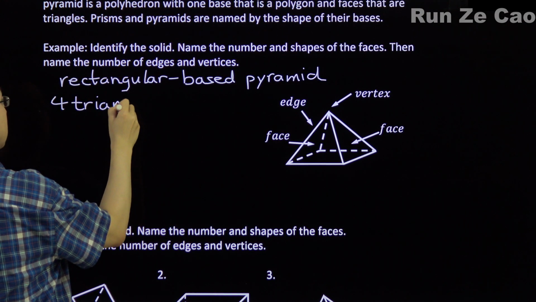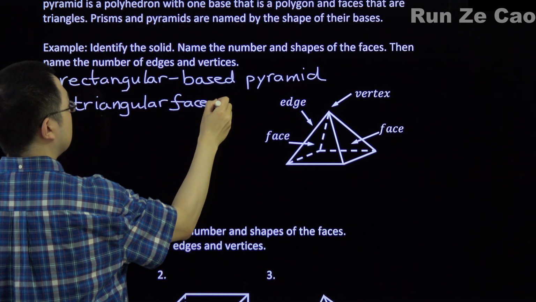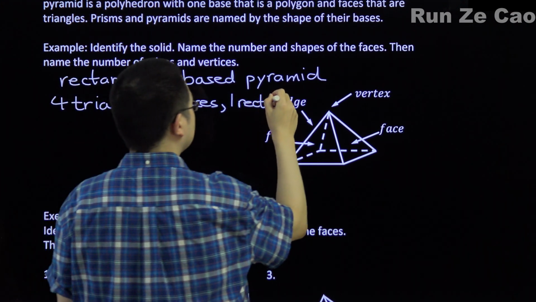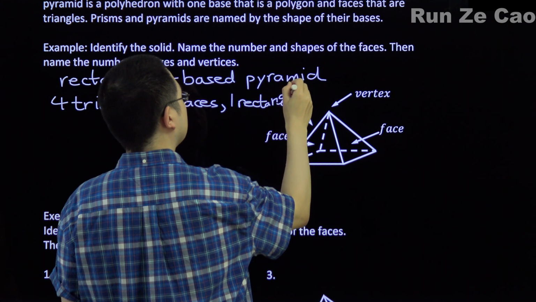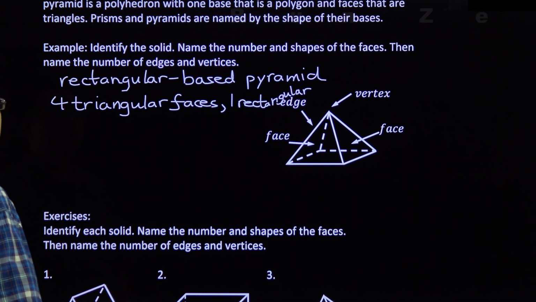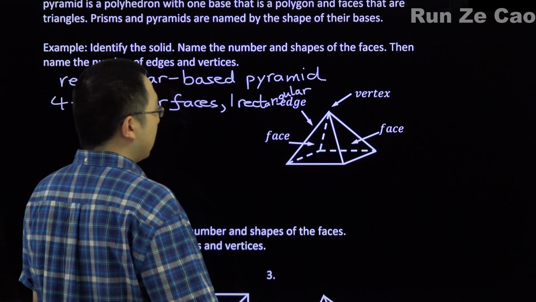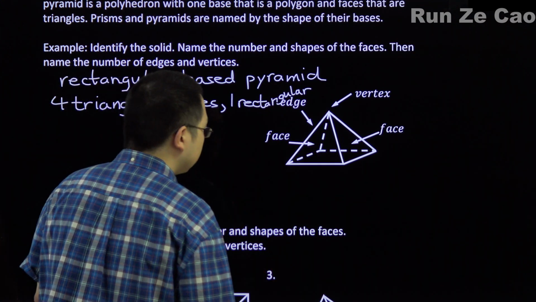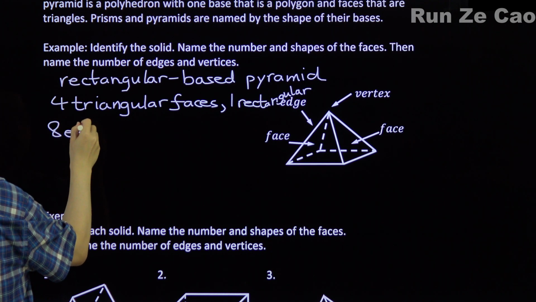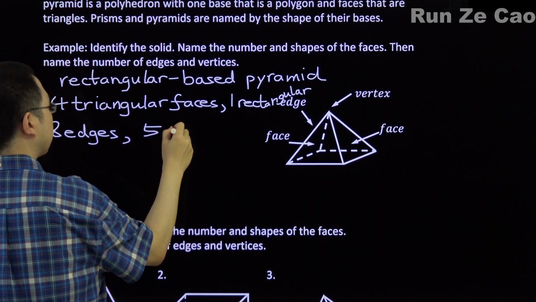There are 4 triangular faces and 1 rectangular face. The number of edges: there are 4 edges on the base and 4 edges leading up to the vertex. So 8 edges with 5 vertices.